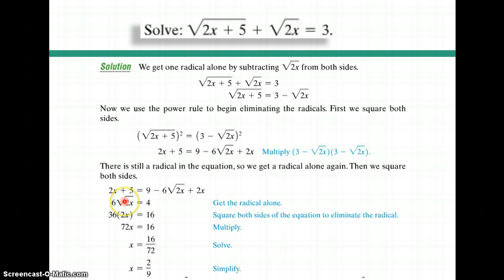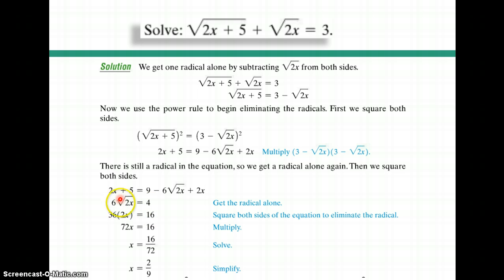So we have 6 times square root of 2x equal to 4. This will get by subtracting 2x from both sides of the equation and subtracting 9 from both sides of the equation. So we have 6 times square root of 2x equal to 4.